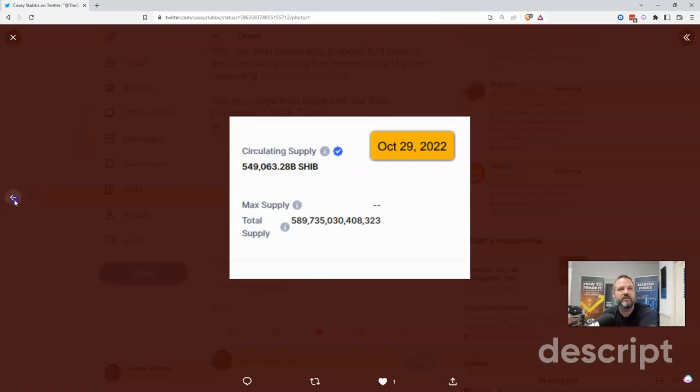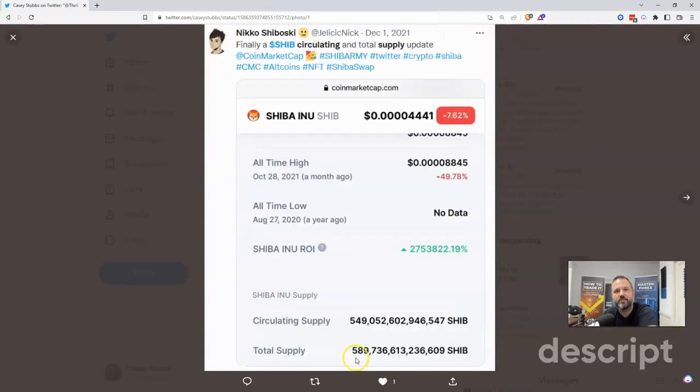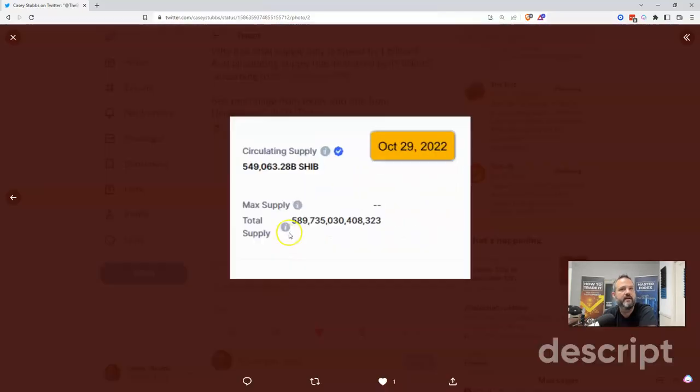We're also going to notice that the max supply, the total supply here, went from 589,736 to 589,735. So effectively, in the last not quite a year, about 11 months, we have burned 1 billion SHIB, right? And what that means is that it's been taken out of circulation, which means it's more rare.